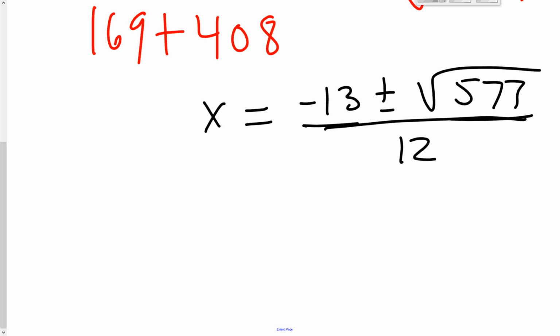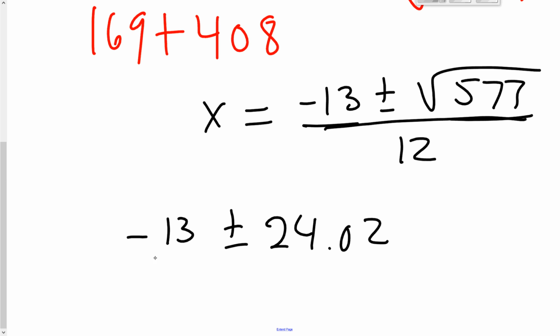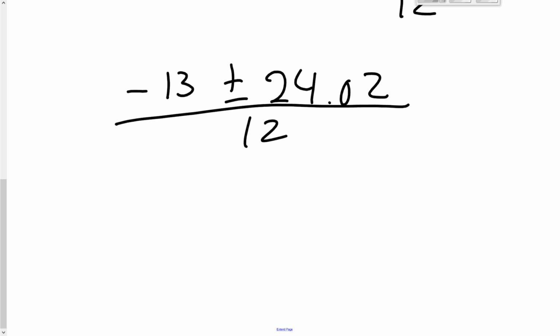Just simplify it. Okay, so we're going to take the square root of 577. We're going to round it to the hundredths place. So that's 24.02. And that's negative 13 plus or minus that, all over 12. So now we have to take negative 13 and add 24.02, and then divide by 12.